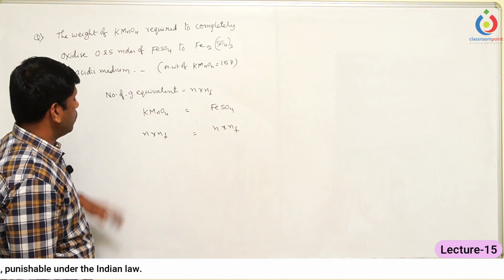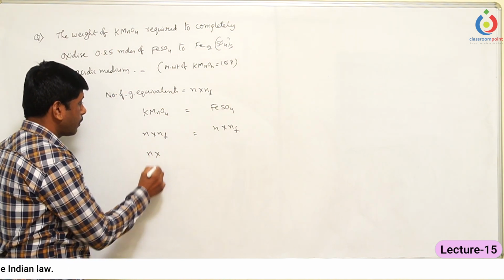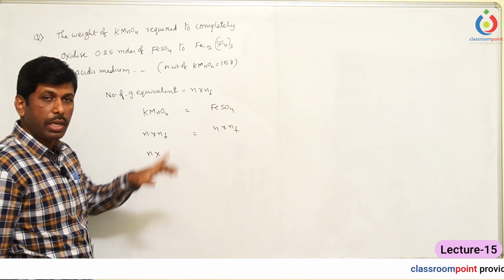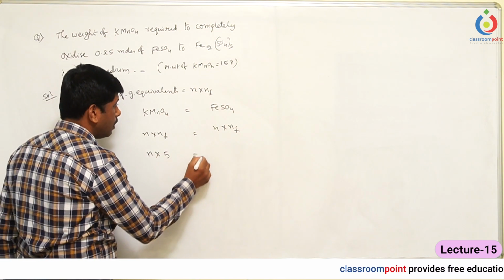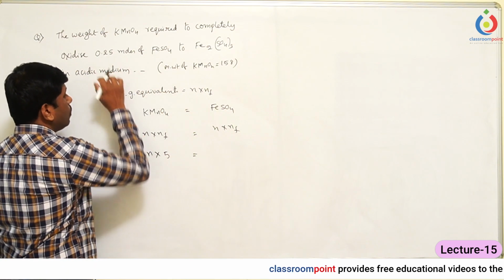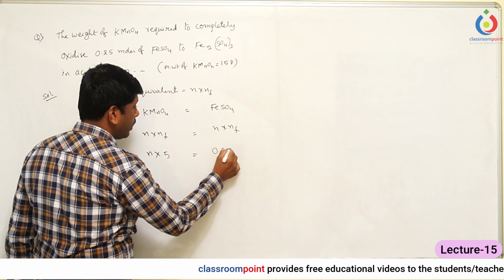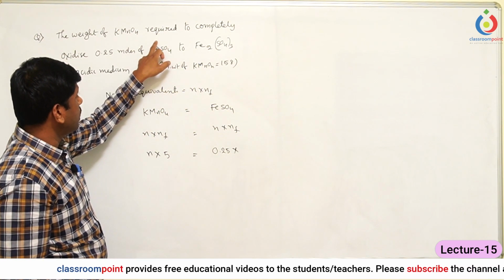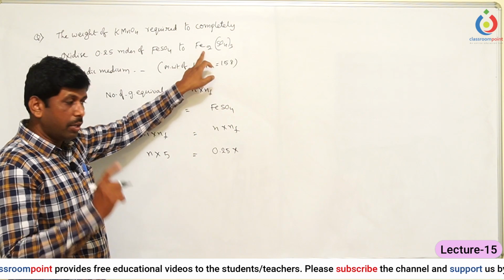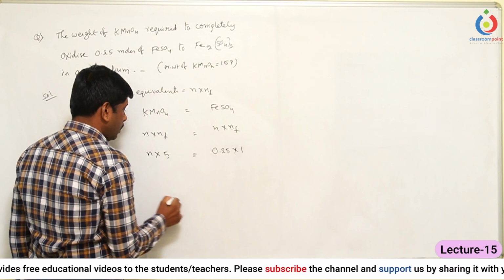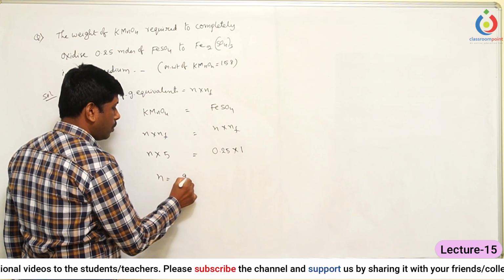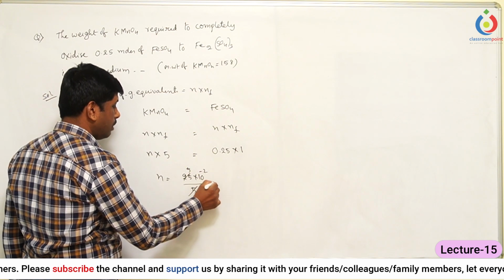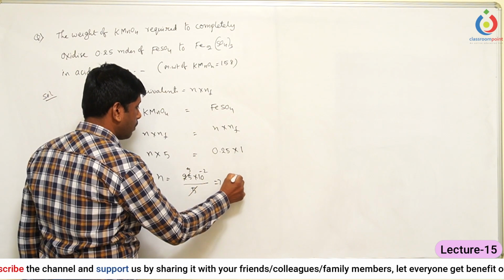See, they are asking the weight. Okay, let it be number of moles. N factor of the KMnO4 in acidic medium, already we have calculated, its value is 5. And number of moles of the FeSO4 to be taken here is 0.25 into, ferrous sulfate converted to ferric sulfate, means Fe2+ to Fe3+, N factor equals 1. So number of moles equals 25 into 10 power minus 2 divided by 5, it goes 5 times. So 5 into 10 power minus 2.